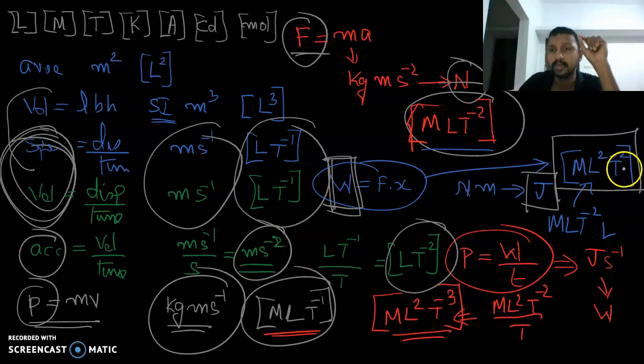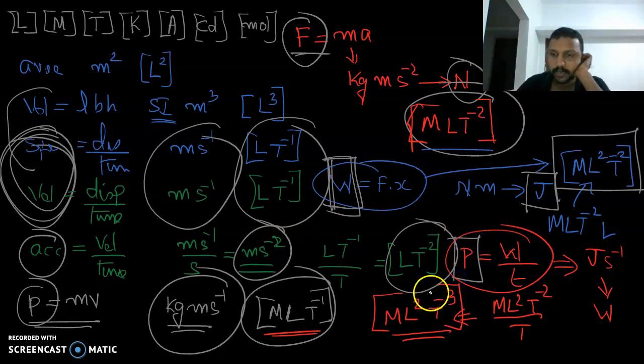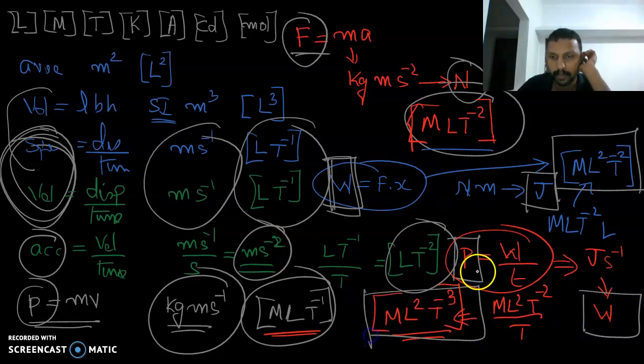For your knowledge, simply remember that work, heat and energy all have the same SI unit and dimensional formula. Then the SI unit of power is watt, and the dimensional formula of power is ML square T raised to minus 3.